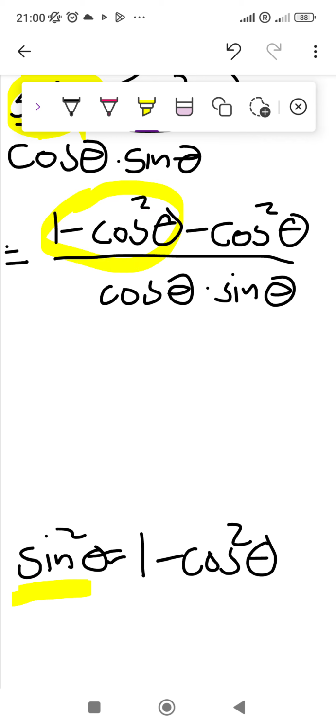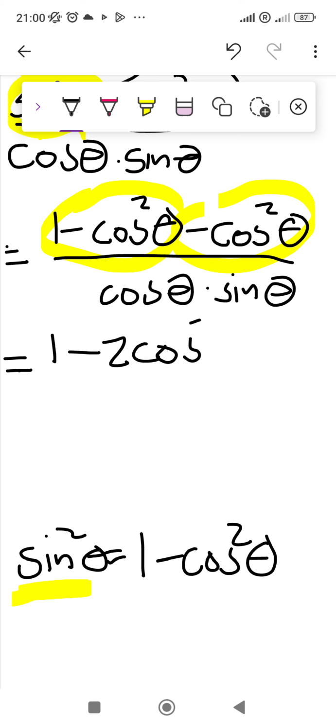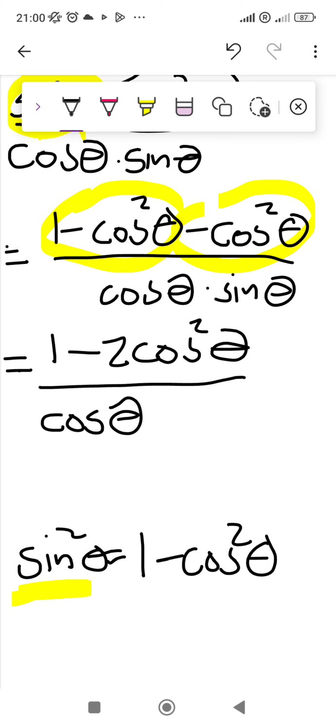So the 1 on the numerator stays a 1. Then you have minus cos squared theta, minus cos squared theta, so it's going to be minus 2 cos squared theta, and all of this we're dividing. The denominator hasn't changed: cos theta sine theta.